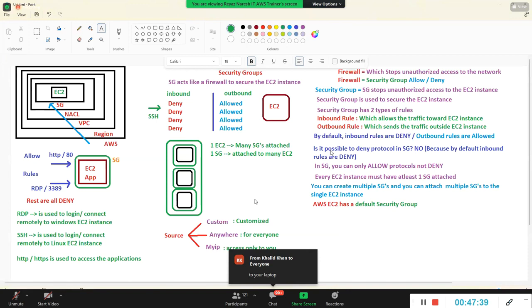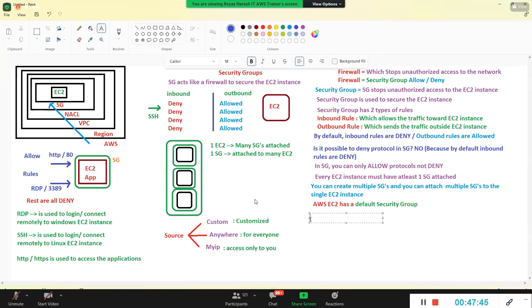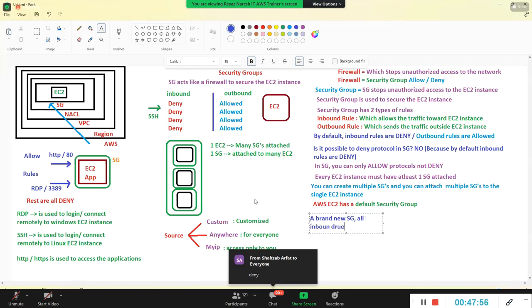Question for you guys. If I have created a brand new security group, are inbound rules allowed or denied? Yes, all inbound rules are denied, and outbound rules are allowed.